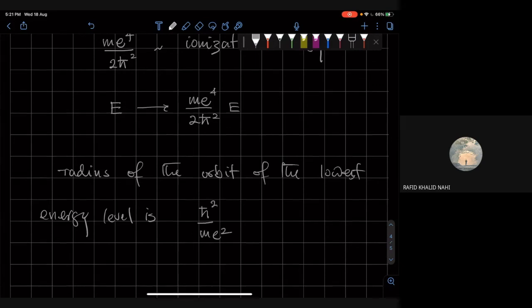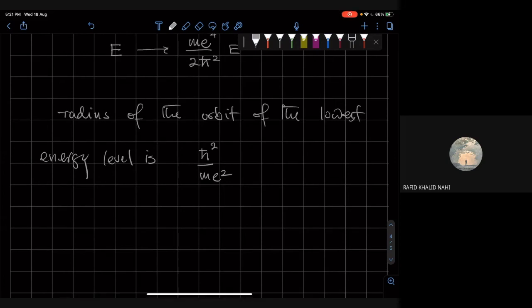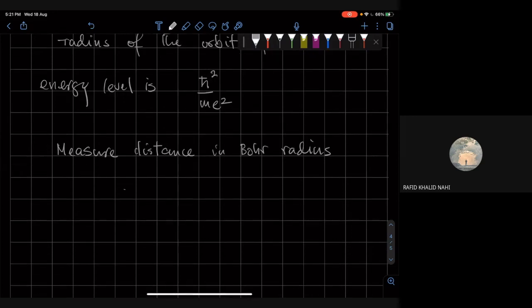And therefore, we are going to measure distance in Bohr radius. Okay, this is called a Bohr radius. So that means that we are going to replace r in our equation by h squared by m e squared times r.